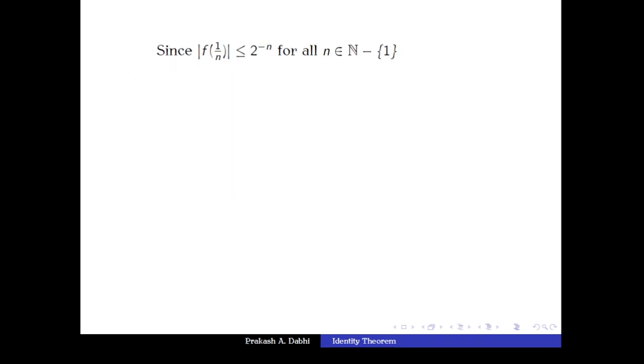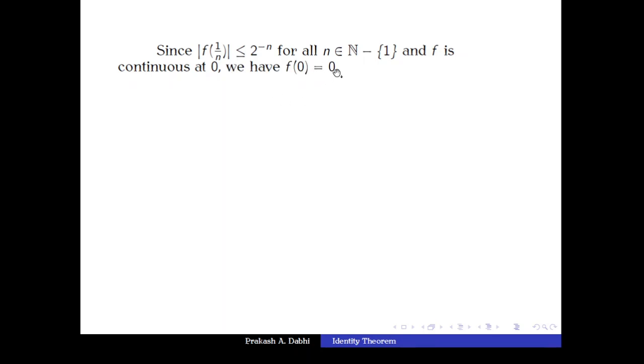Because f is analytic, f is continuous. f(1/n) is tending to 0, and 1/n is tending to 0, so because of continuity of f, f(1/n) tends to f(0). Therefore, what do we get? f(0) equals 0.